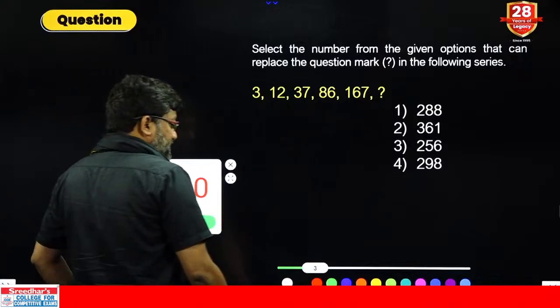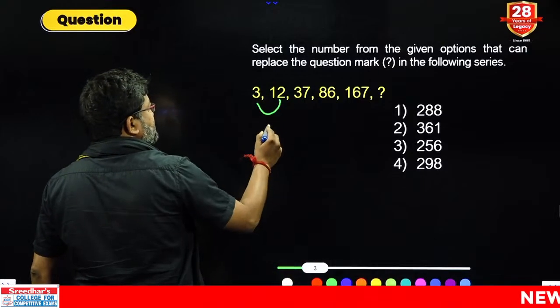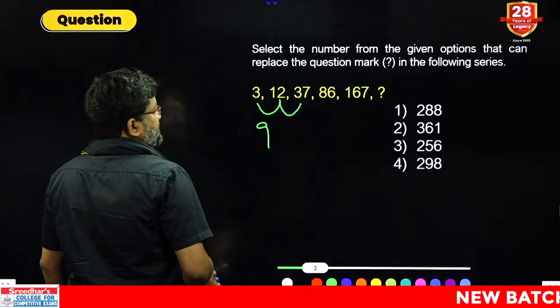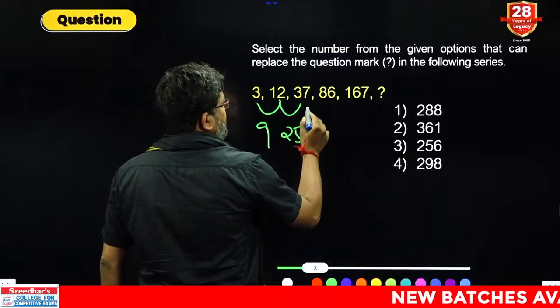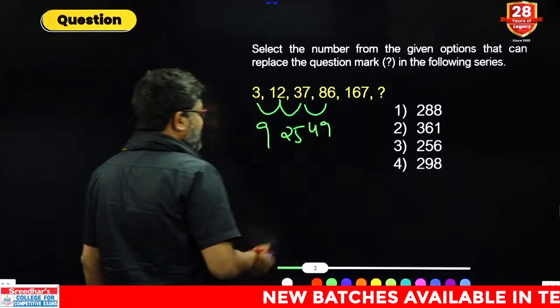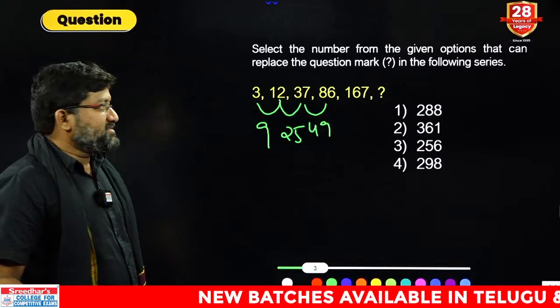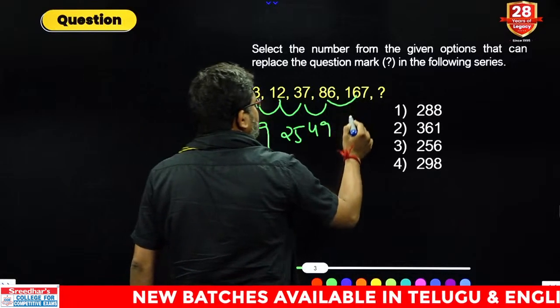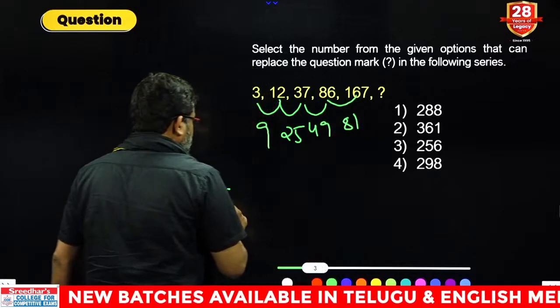Come on. I said we'll go with the differences. How much is this? 9. And this is 25. 37 plus 40, 77, extra 9, 49. 9, 25, 49. What are these numbers? Come on. They're all squares. Square, but what?